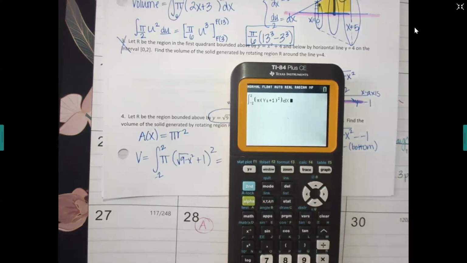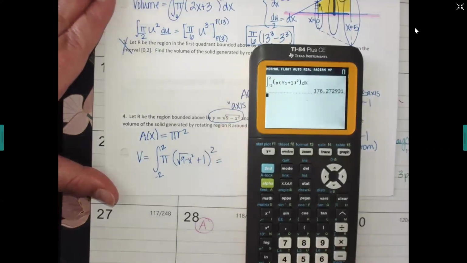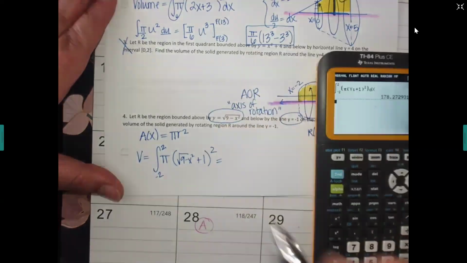You cannot use the parentheses they've given you because the pi is not part of the square. So you have to open your own parentheses here. Then just push enter, and it'll give you the answer. Okay, so 178.273 is correct.